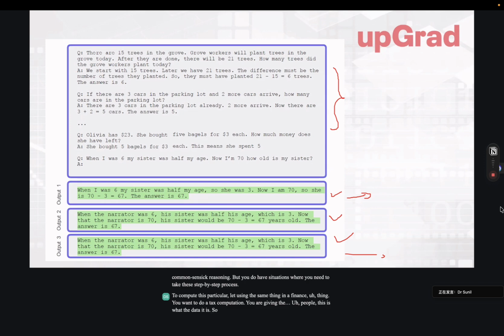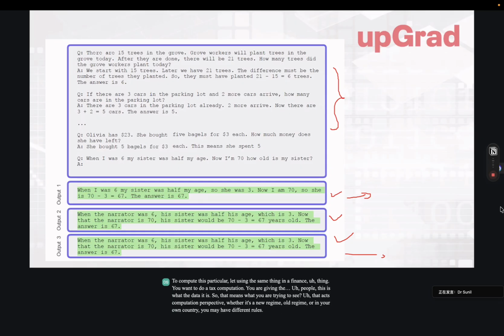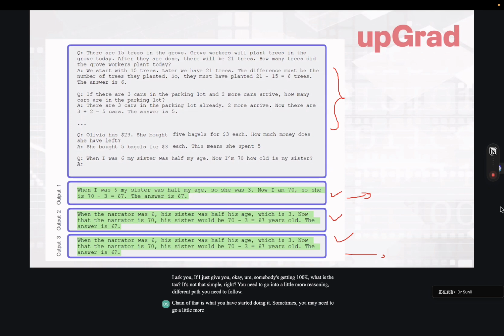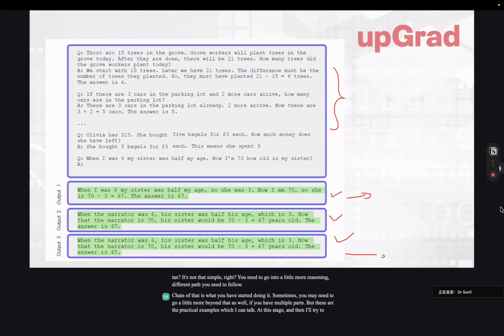So you are trying to see, from a tax computation perspective, whether it's a new regime or old regime, or in your own country, you may have different rules. So there you need to have some kind of steps to follow, right? It's not a straightforward answer. If I just give you, okay, somebody is getting 100K, what is the tax? It's not that simple, right? You need to go into a little more reasoning, different paths you need to follow. Chain of thought is what you have started doing. Sometimes you may need to go a little more beyond that as well if you have multiple paths. But these are the practical examples which I can talk about at this stage, and I'll try to give a few more once I cover the last two as well.